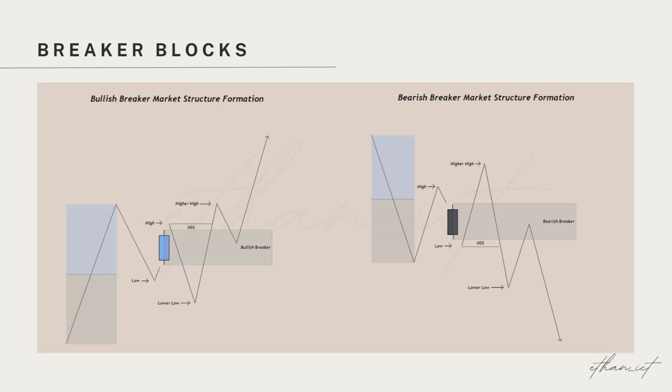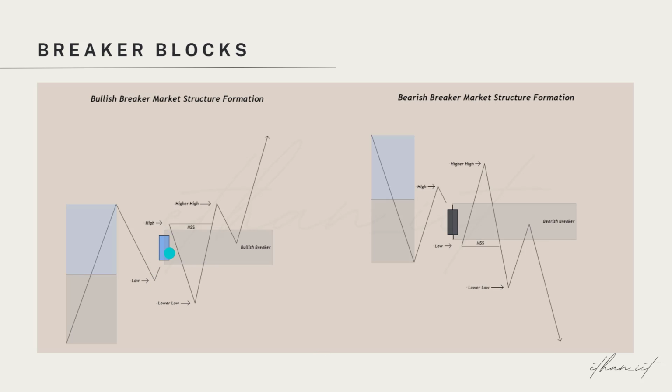When looking for bearish breaker blocks, we look for a market structure pattern of a high, a low, a higher high, and a lower low. Within this market structure pattern, when looking for a bullish breaker, we look for the highest up close candle prior to the liquidity raid and has been displaced through.